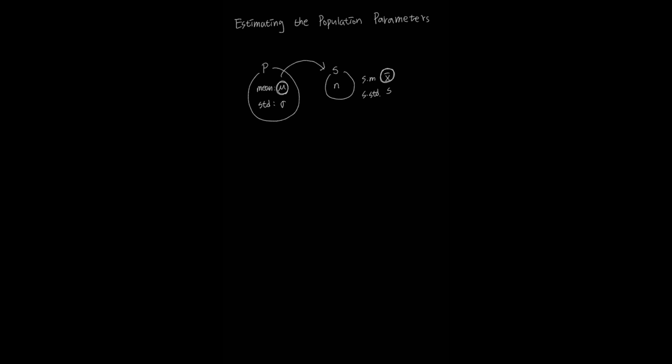But the thing is that we always pick the sample at random. So the elements in the sample are always picked at random, so it varies every time. So when we pick three samples, S1, S2, S3, the means of the three samples would all be different.